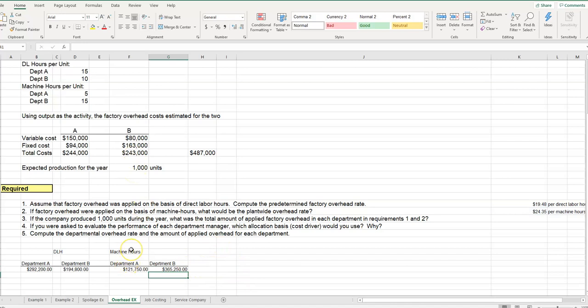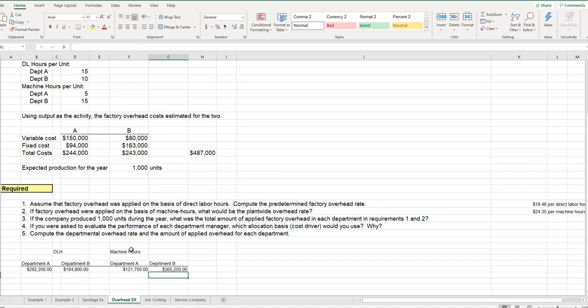And we allocate $121,750 to Department A and $365,250 to Department B.